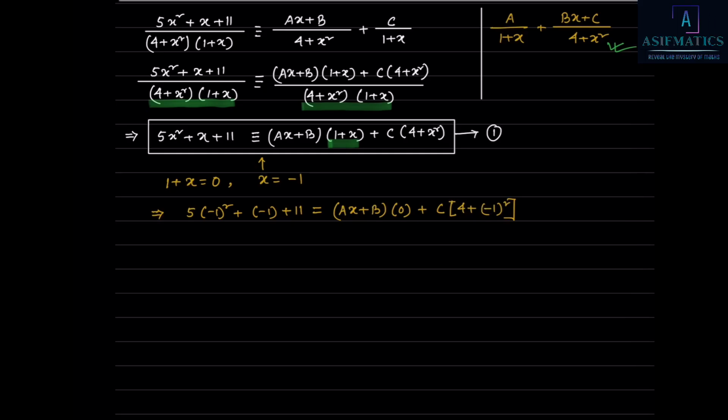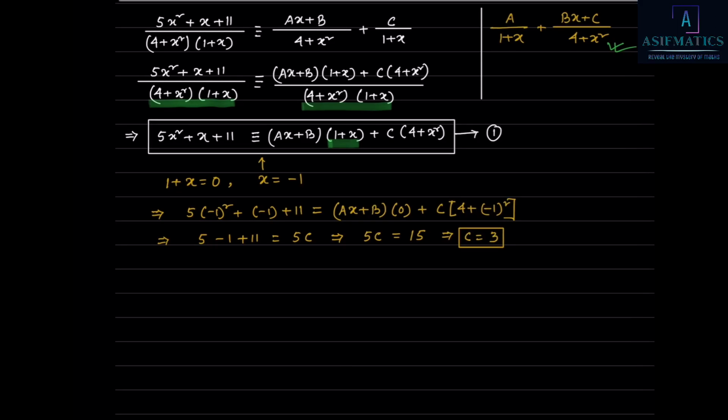If we calculate, we get 5 minus 1 plus 11 equals, the first part is 0, 4 plus 1, so 5c. Or we can further write 5c equals 15, or c equals 3.